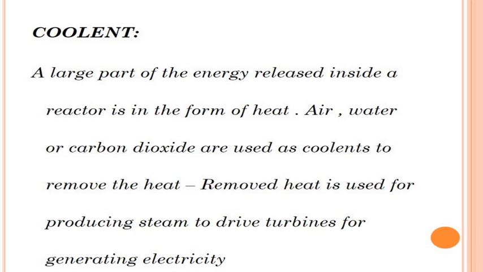So these are used as coolants to remove the heat from the core region of a nuclear reactor, and this removed heat is used for producing steam, so that this steam can drive the turbines in order to produce electricity.